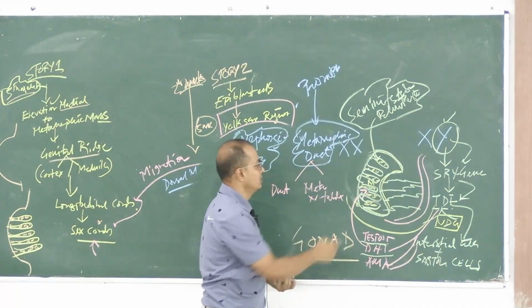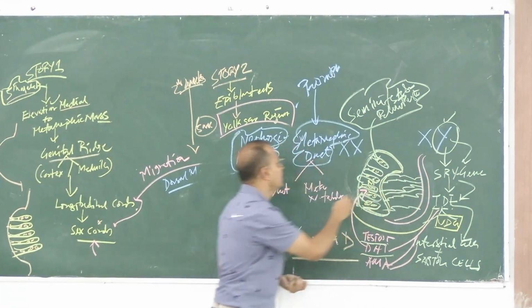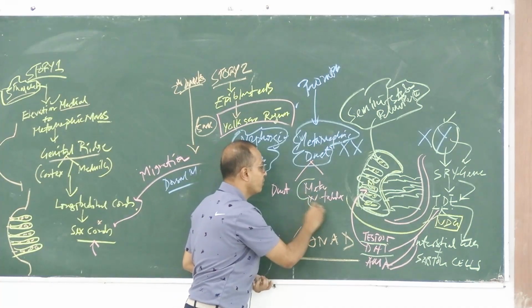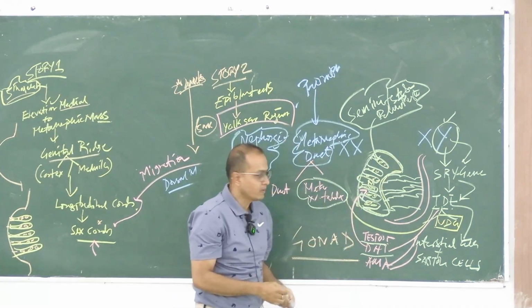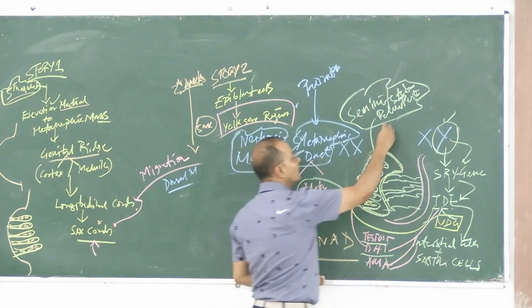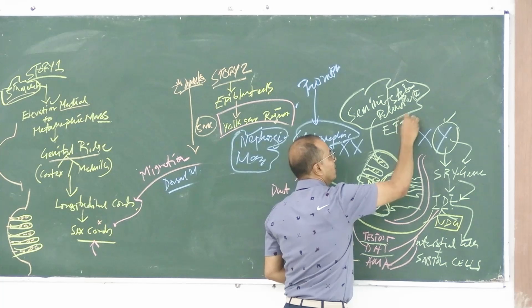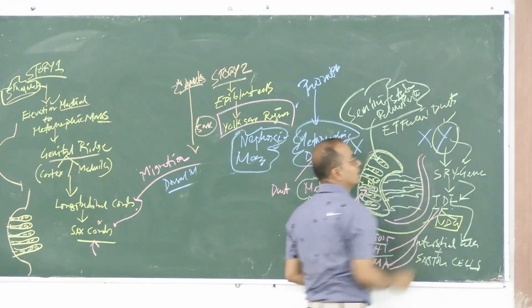So these narrow duct channels which are present here, we call them metanephric tubules, get into the developing gonad and form a part of the testicle system. We call them efferent ducts.